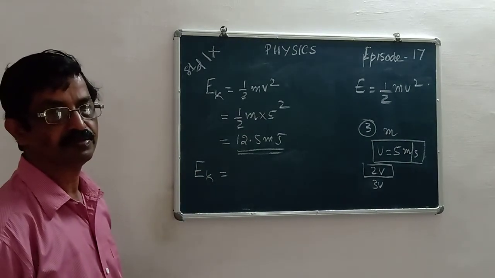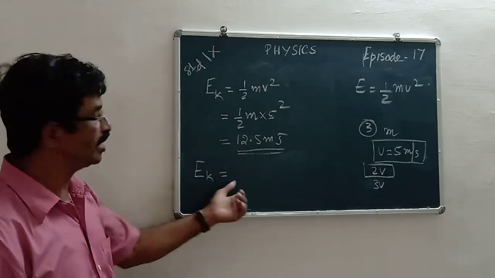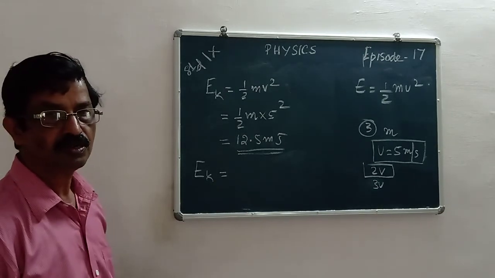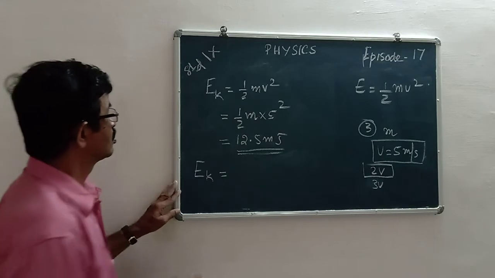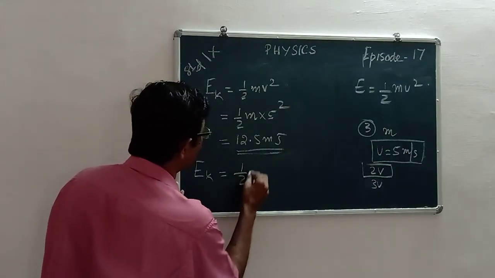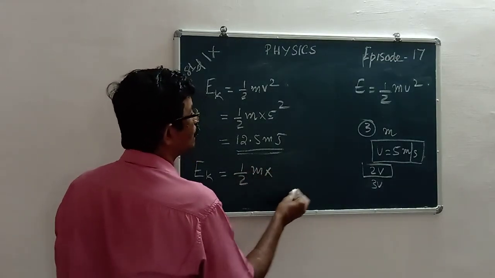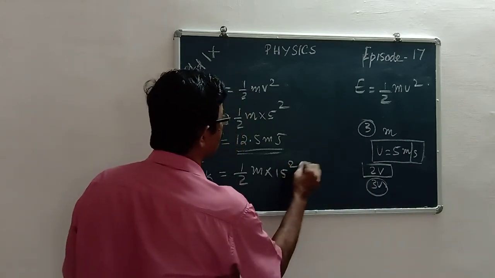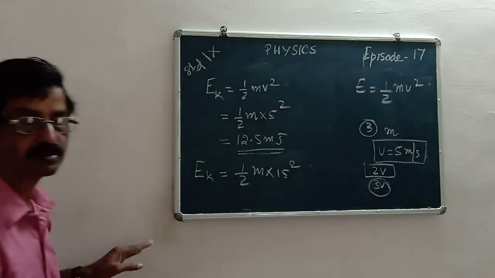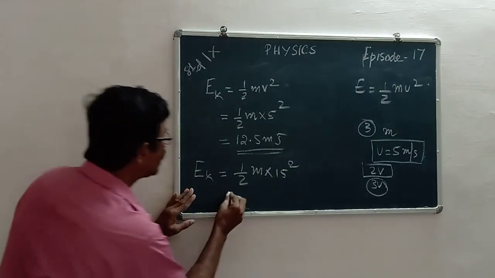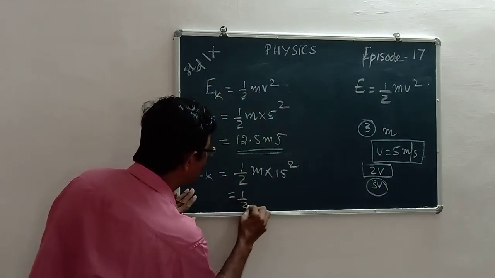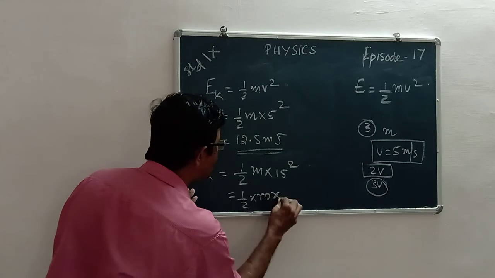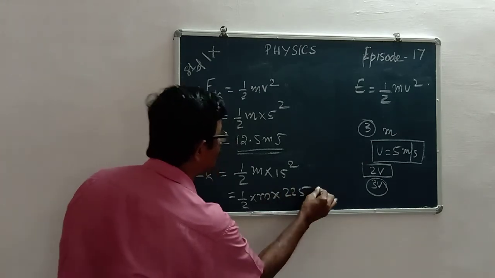Ek, that is equal to half m into 3v, that is 15 square. That is equal to half into m into 15 square is 225.